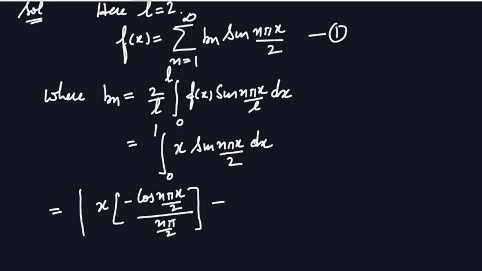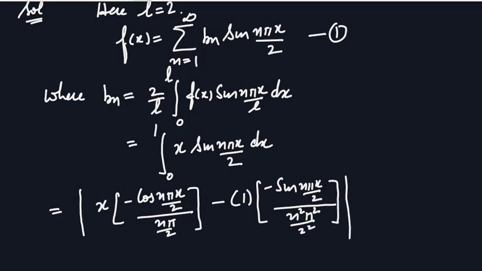Minus derivative of x, which is 1, again integration of cos. This is minus sine of n pi x by 2 divided by n square pi square by 2 square. Lower limit is 0. Upper limit is, what is the value of L? L is 2. Even here I should write 2.